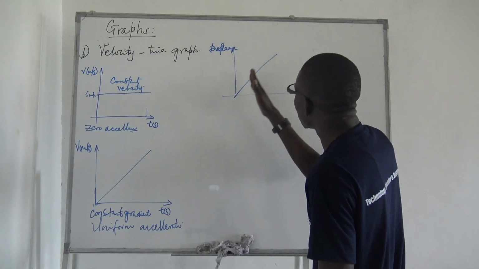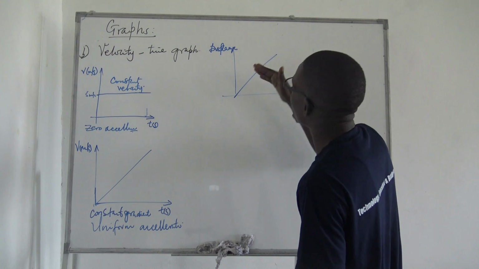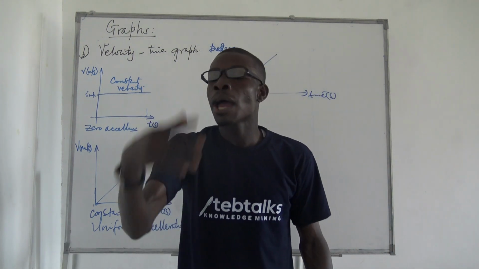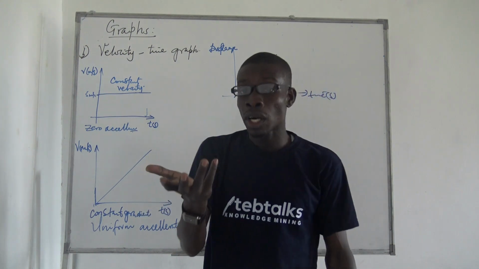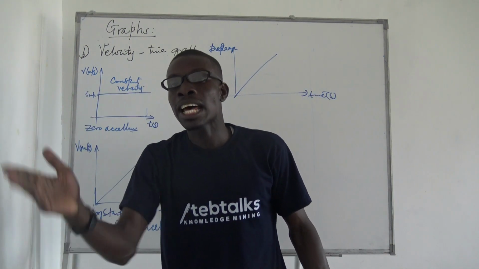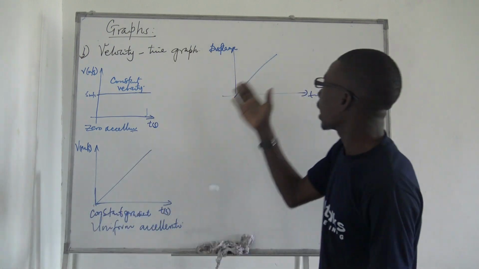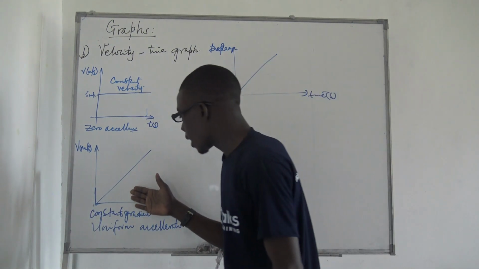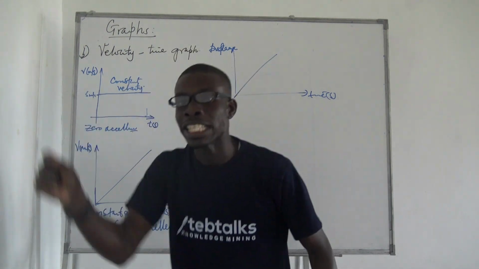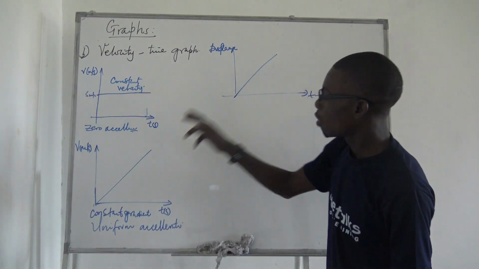That the time is increasing at the same pace with the increment of the displacement. Every 5 meters, every 2 seconds. For example, you cover 5 meters, another 2 seconds, 5 meters. That is what we mean here. But here, every 2 seconds, you increase the speed maybe by 5 meters per second. Okay?